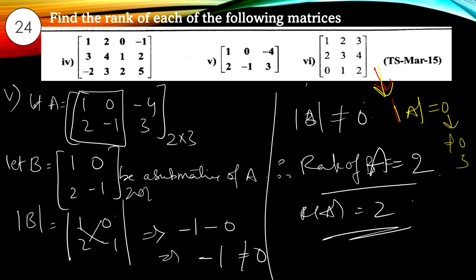If the determinant of A is equal to 0, just take the submatrix of order 2 by 2 with 1, 2, 2, 3. Assume it as B, and calculate the determinant of this B. If it is not equal to 0, then we can say the rank of that given matrix is 2. Okay, just try by yourself. It is not that difficult, very simple calculations only. So move on to the next one.